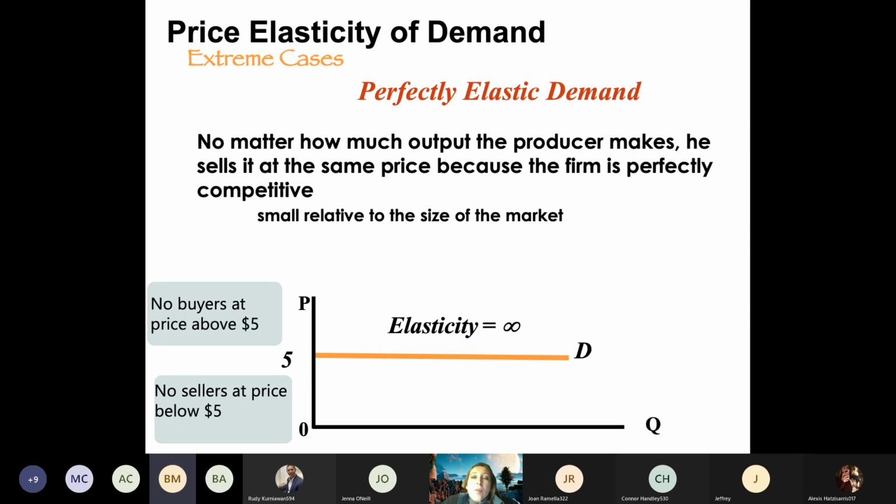No matter how much output the producer makes, he sells it at the same price because the firm is perfectly competitive. We'll talk about perfect competition in later chapters, and we'll expand on that a bit. Here we will assume that demand can only be at that one price, so you're a very small part of the market. You cannot sell for more than $5.